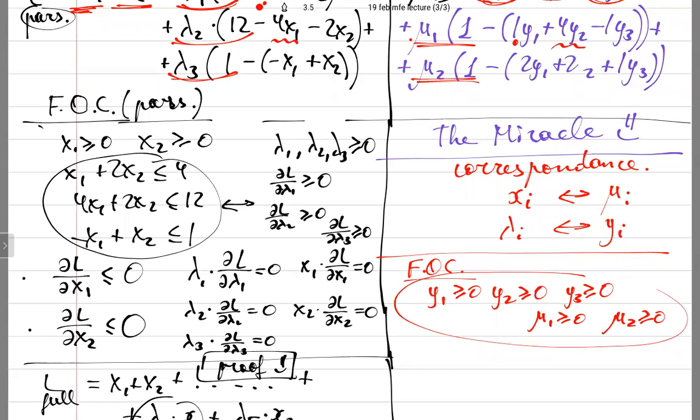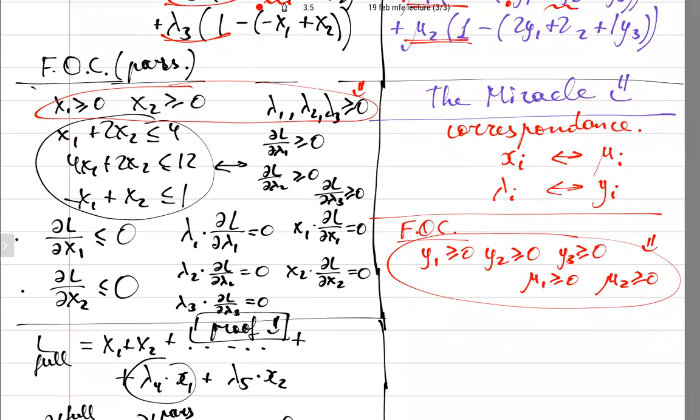Look, this line exactly corresponds to that line. So not only are the Lagrangian functions the same, but also the first requirement that multipliers and original variables should be non-negative. In problem A, original variables and Lagrange multipliers are non-negative. In problem B, original variables and Lagrange multipliers are non-negative. So that's the same, just different notation.